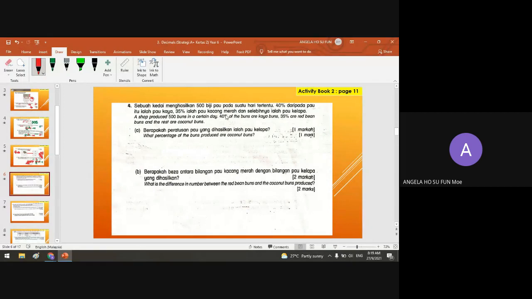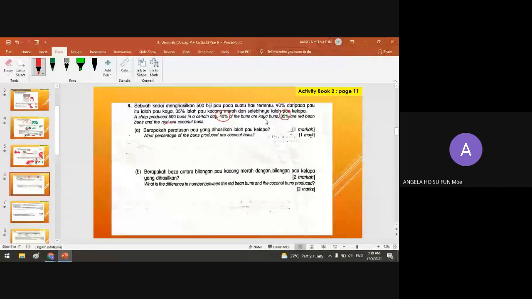So you know already here the information given 40%. Here 40% is kaya bun, 35% is the red bean bun. Of course, they said the rest, the remaining is a coconut bun. So what you are going to do is, I'm going to add all the percentage of kaya buns and red bean buns.